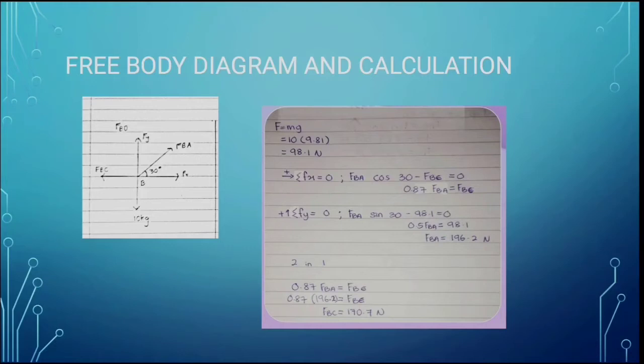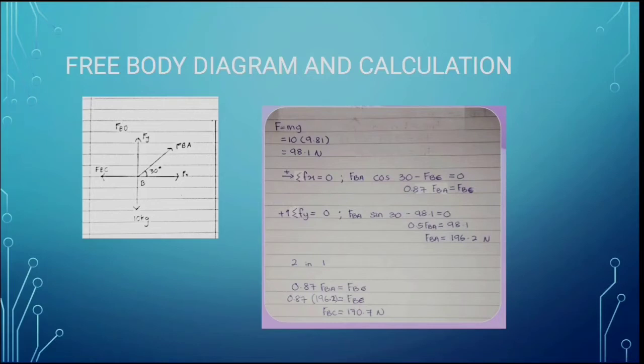FBA sin 30 degree minus 98.1 equals 0. So 0.5 FBA equals 98.1. FBA equals 98.1 divided by 0.5, and the FBA is 196.2.